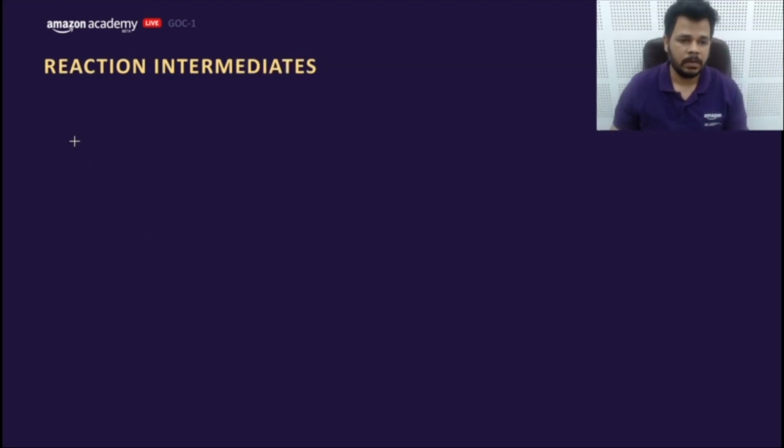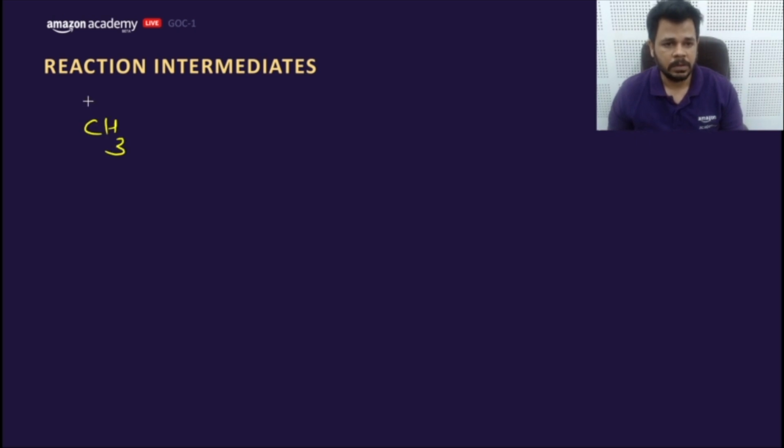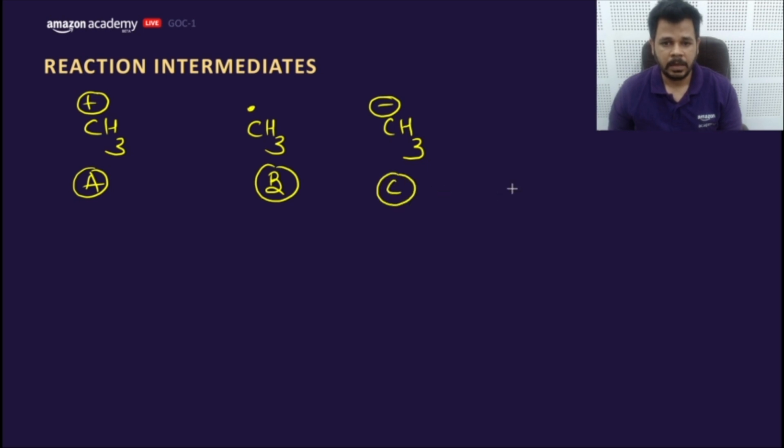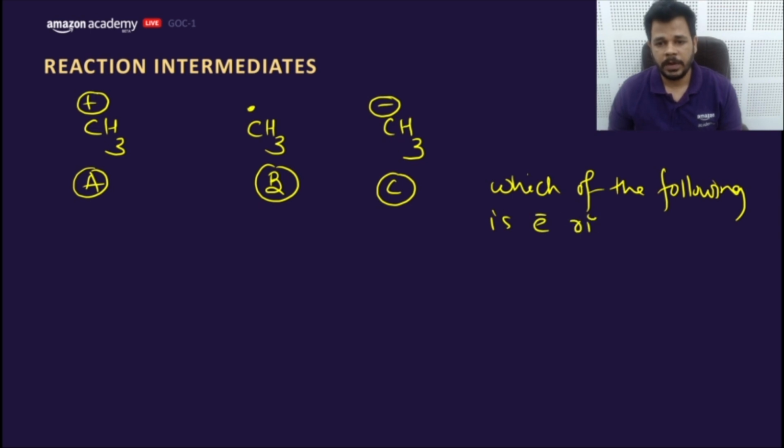Let's have an example. Let me ask a question. Carbocation, carbon free radical, and carbanion. This is A, B and C. Which of the following is electron rich with a complete octet?